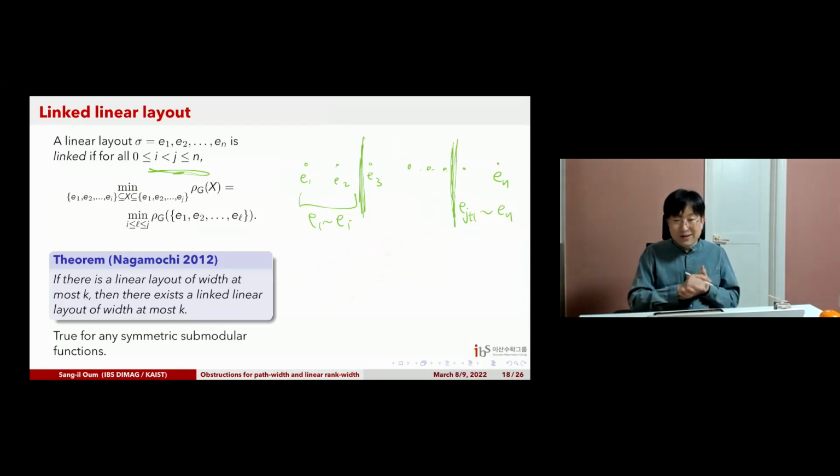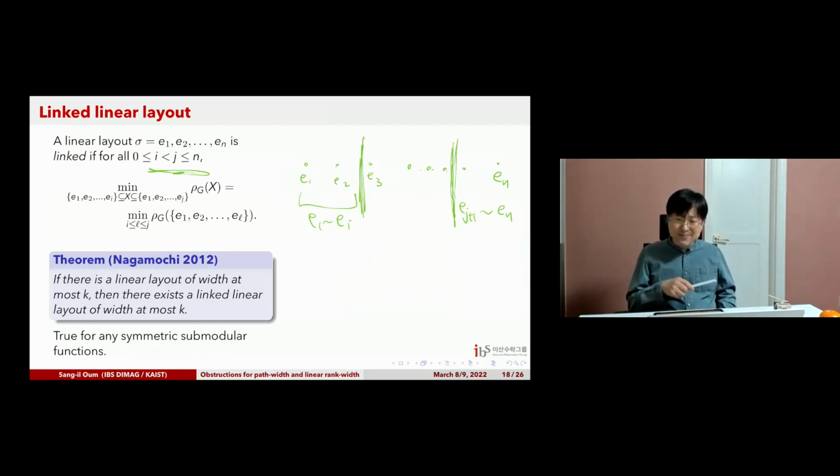And the same thing is true for any connectivity function. So Nakamura proved that if there's a linear layout of width at most k, then there's a linked linear layout of width at most k.